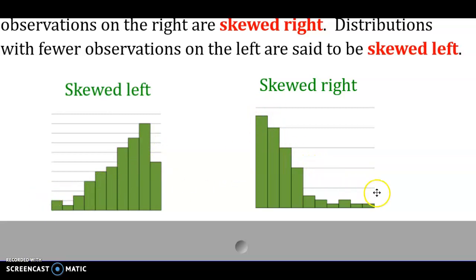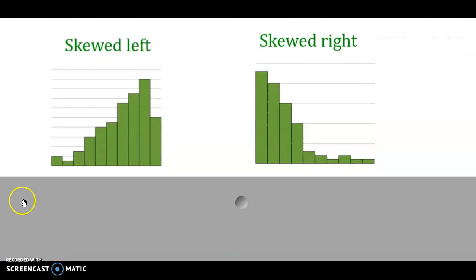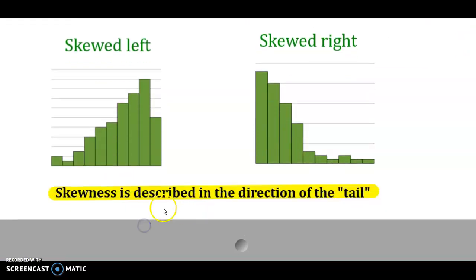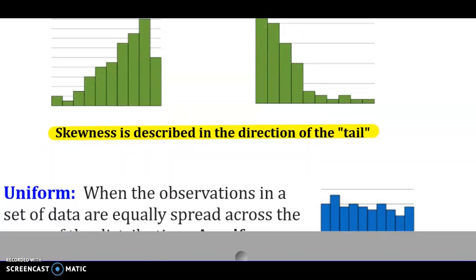Skewed right means a few little ones on that side, so it's going to pull. Once again, unimodal distributions, but they're being pulled by the smaller amounts. Now, skewness is described as the direction of the tail. If you picture this as a monster with eyes and horns, then you've got a tail on this side. Skewness is going to pull in the direction of the tail, so it's skewed left there.